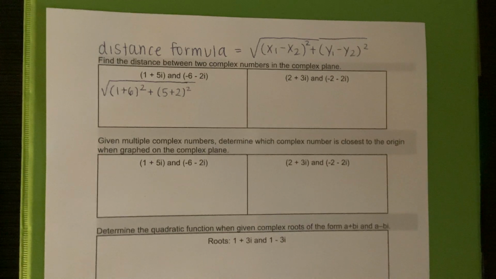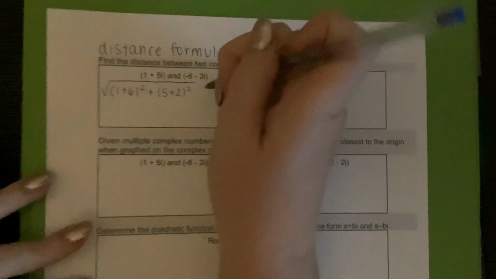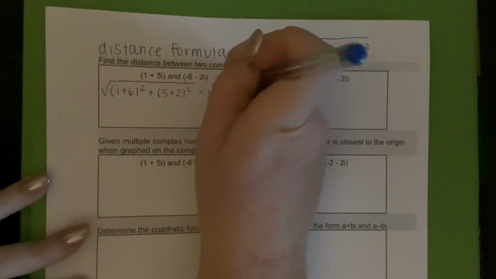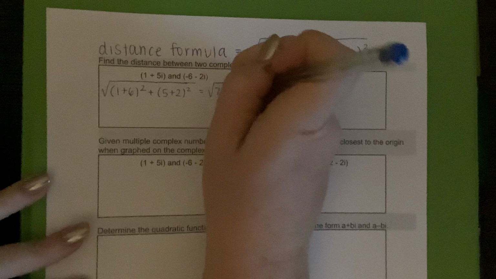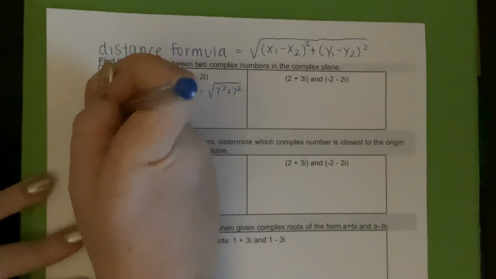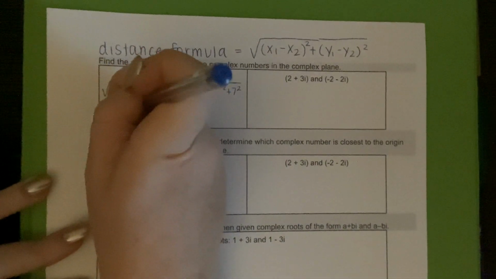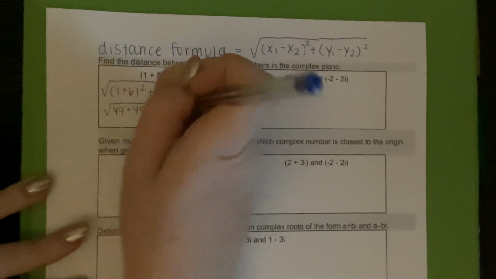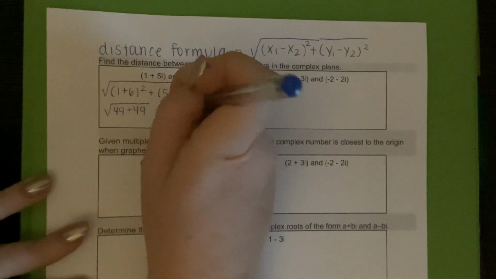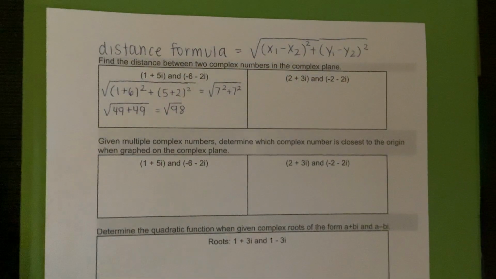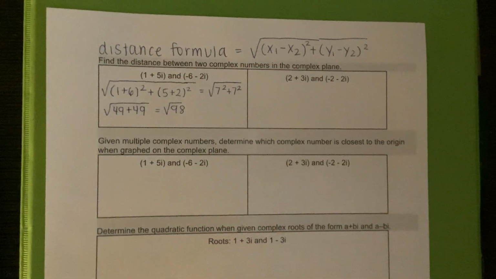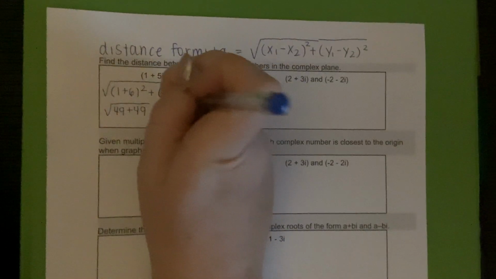So here, this is going to end up being 7 squared plus 7 squared, which is going to be 49 plus 49, which is going to end up giving you the square root of 98. And then again, see if you can break down that number. Is 98 divisible by 4? No. Is 98 divisible by 9? No. Is 98 divisible by 16? No. So if you can't break it down any further, this would just be the distance between those.